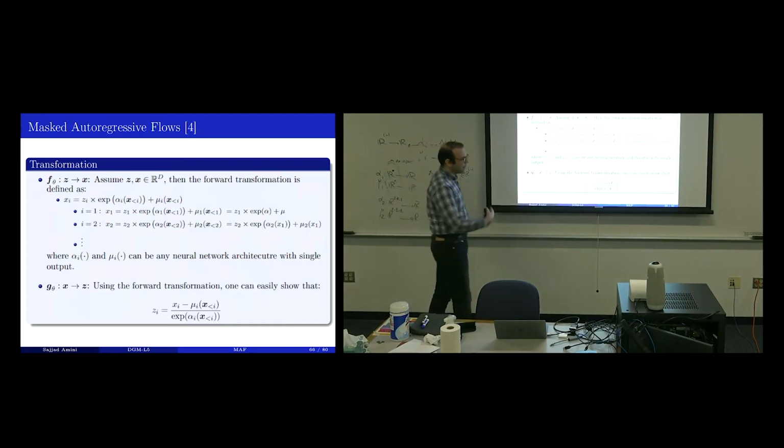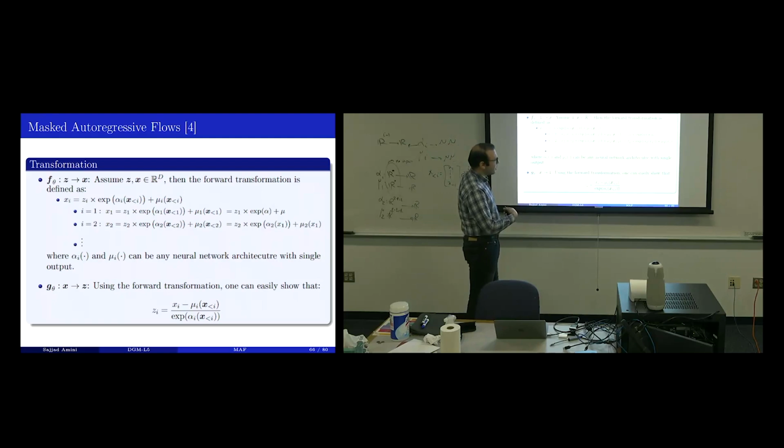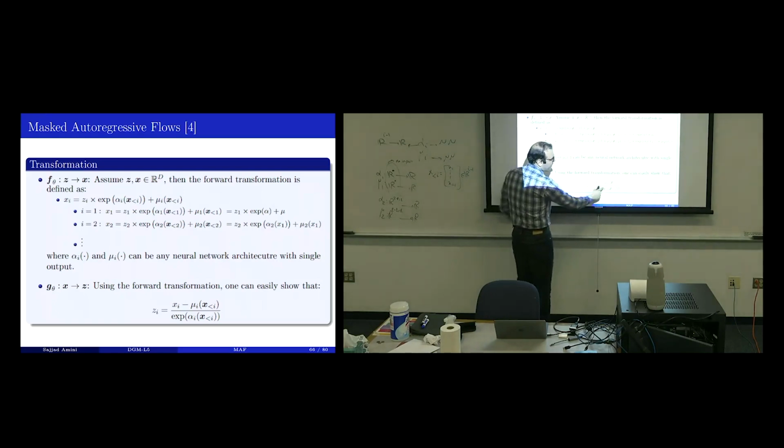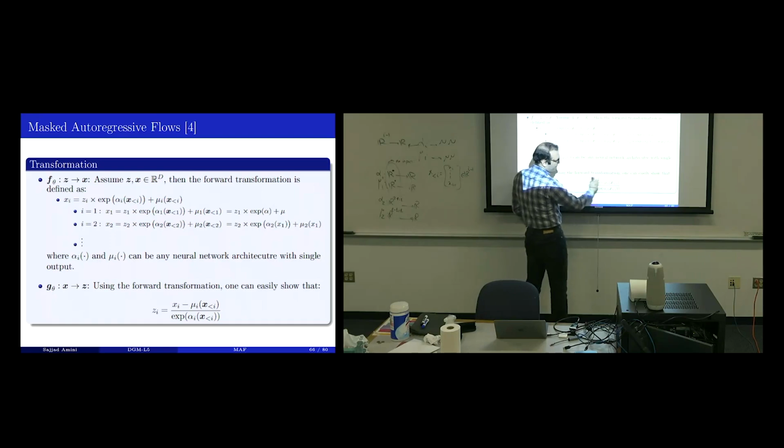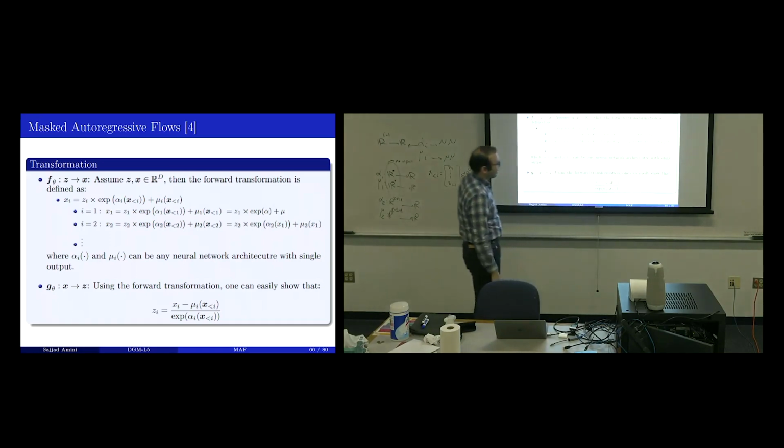And the inverse transformation is easy. I think the next slide can show it better, but you will subtract the mu added and then divide by the scale you added.